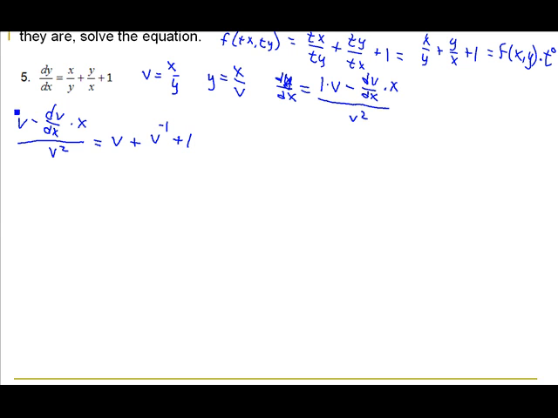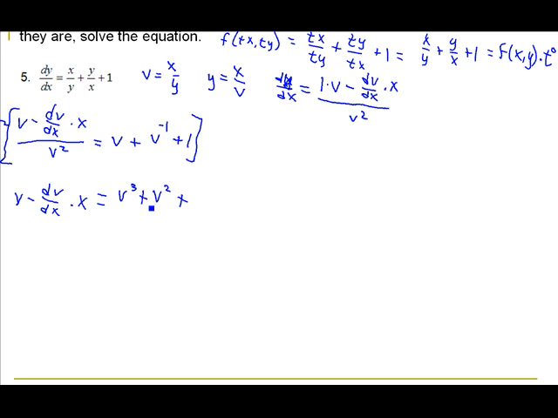Now here I'm going to start by getting rid of my denominator. I'm going to multiply through by v squared so that this v squared will cancel out from the denominator. That'll leave me with v minus dv dx times x. On the right side, multiplying by v squared, v times v squared gives you v to the third.